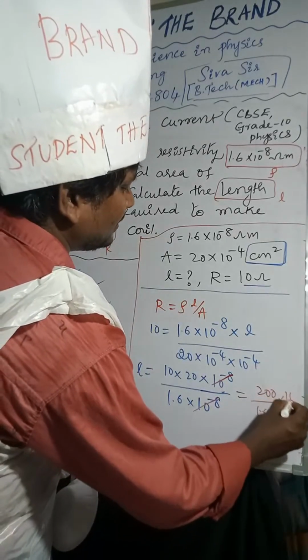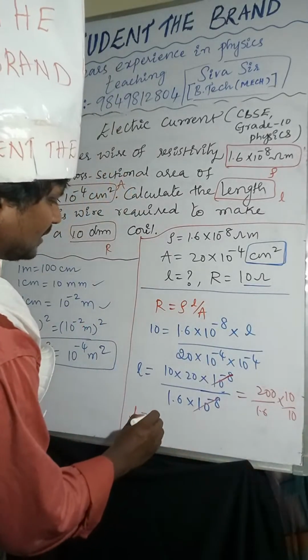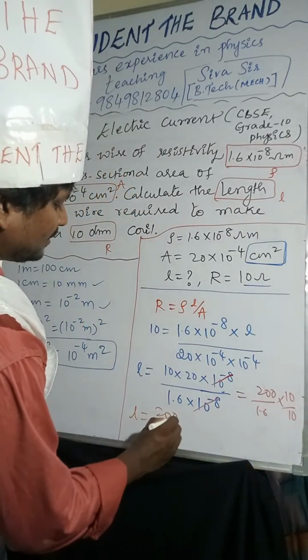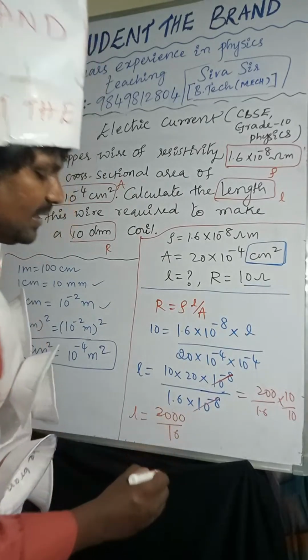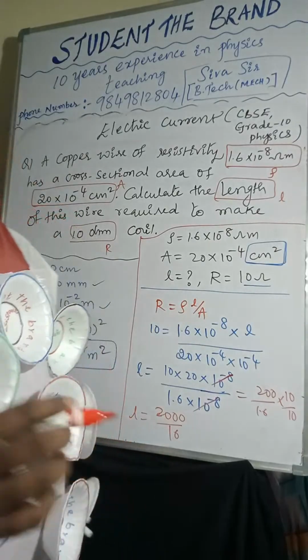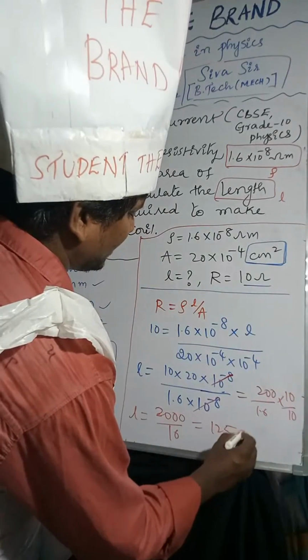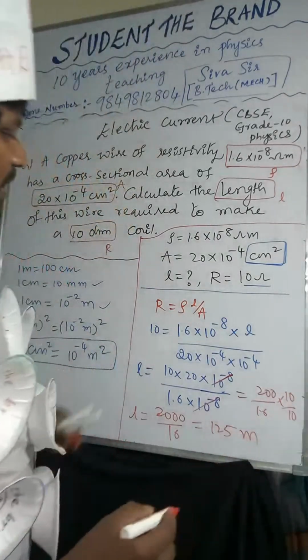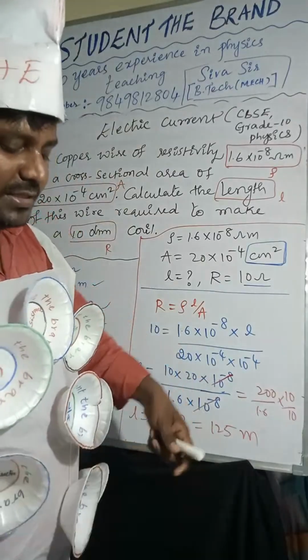Then 10 by 10, so 2000 by 16. How much will you get? 125. 125 meter is the answer. You can check once.